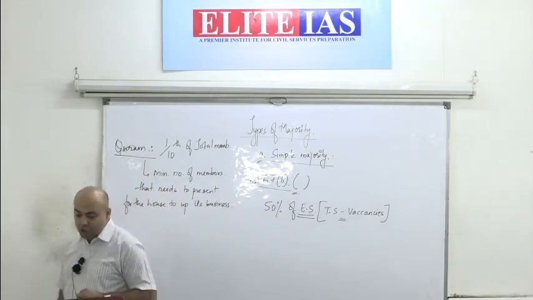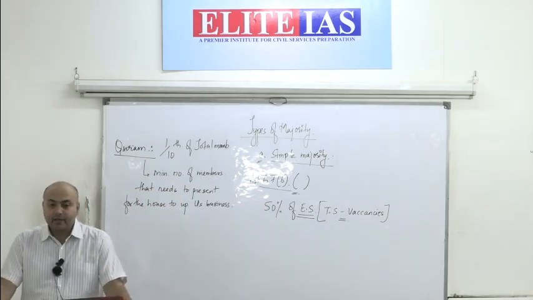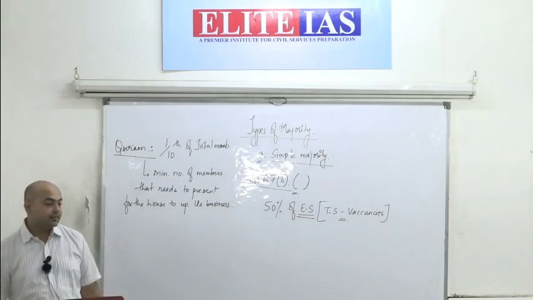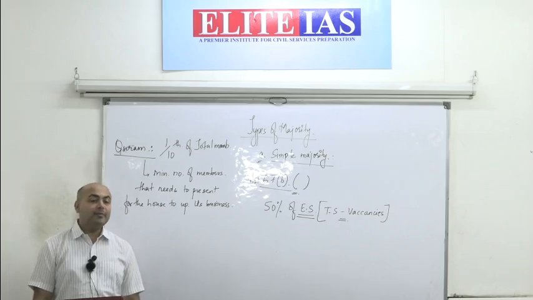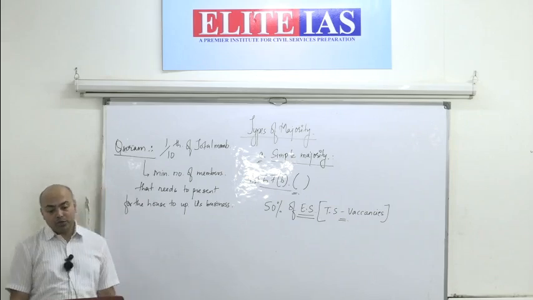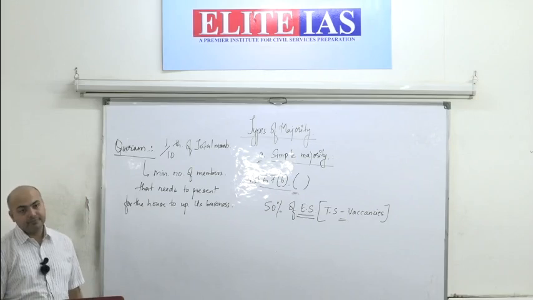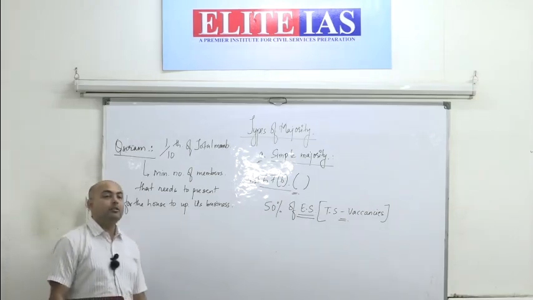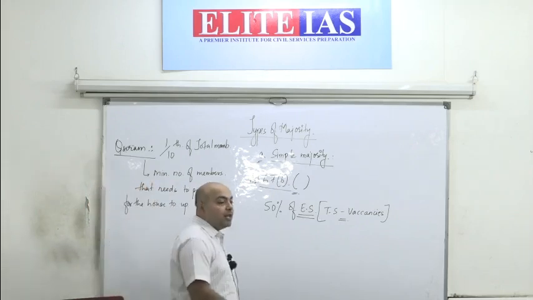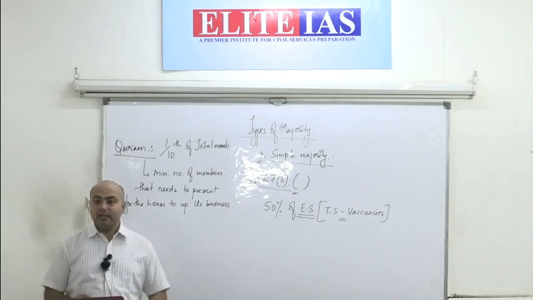An amendment should be passed by not less than 2/3 members present and voting, and a majority of the total membership of the house. Total membership of the house.